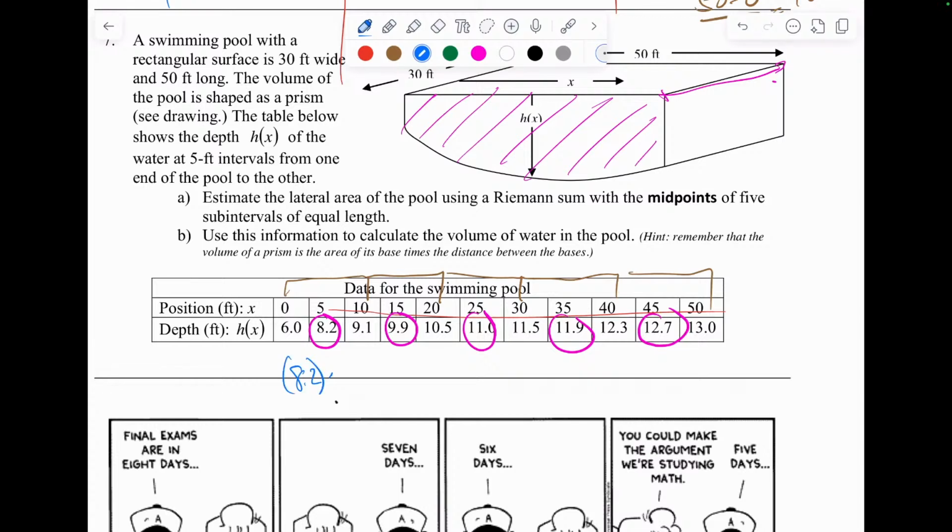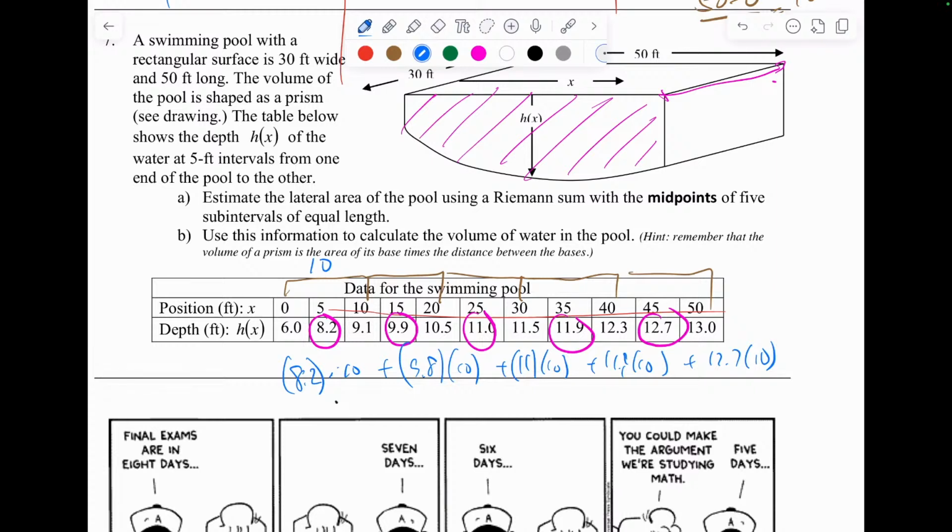The depth is 8.2, but the distance between positions is 10. Plus 9.9 times 10 plus 11 times 10 plus 11.9 times 10 plus 12.7 times 10, because the midpoint rule is not the trapezoid.